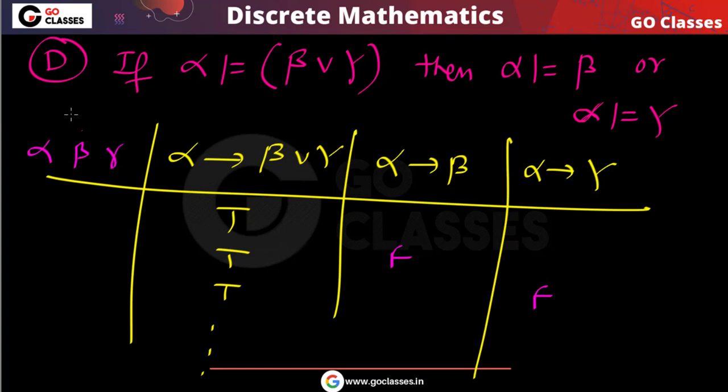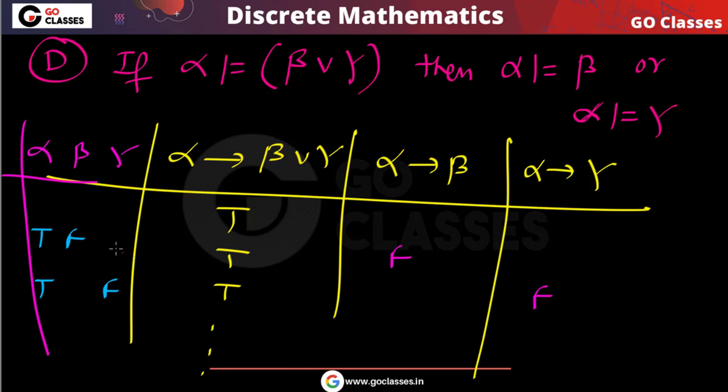Again, alpha, beta, gamma. To make it false, alpha must be true and beta must be false, and similarly alpha implies gamma must be false, then alpha must be true and gamma must be false.